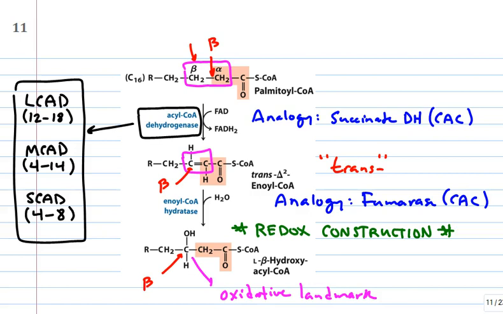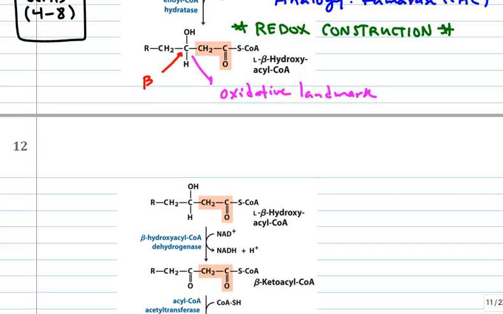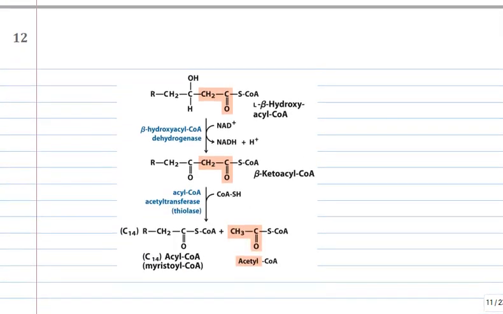So let's keep going, okay? And again, don't overlook the analogies. Succinate dehydrogenase from the citric acid cycle in the first reaction, fumarase from the citric acid cycle in the second reaction. So let's take the molecule that's at the bottom of this page. It's been moved to the top of the next page.